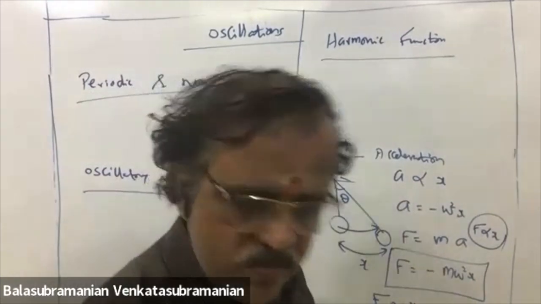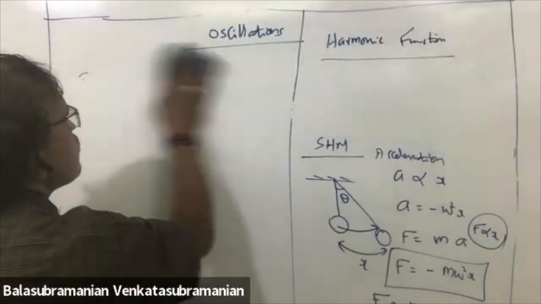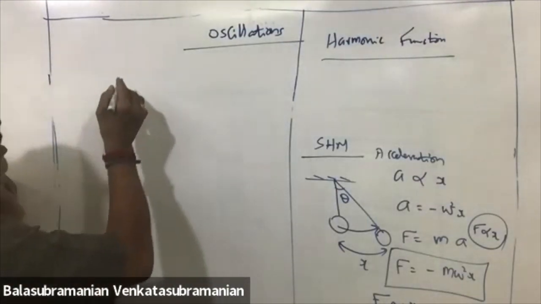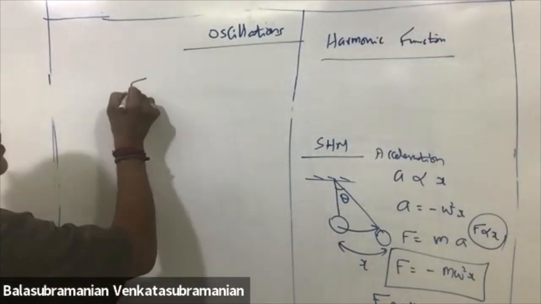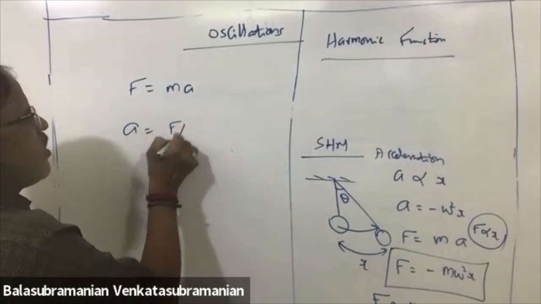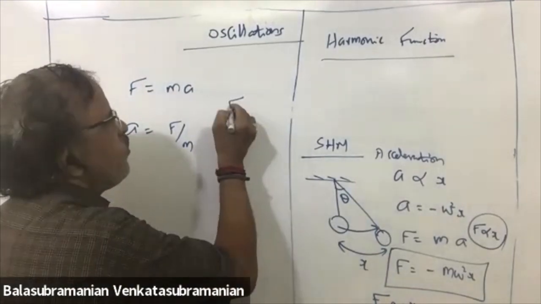Right. Now, F is equal to ma, so a is equal to F by m. We have another definition of force.